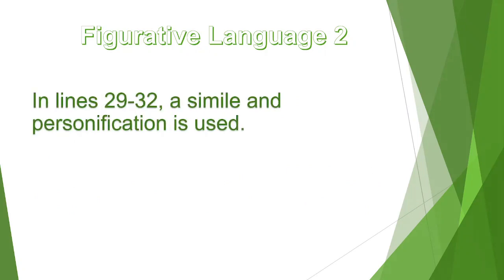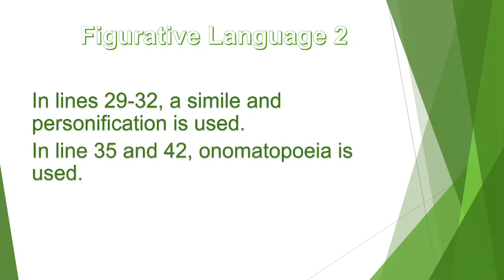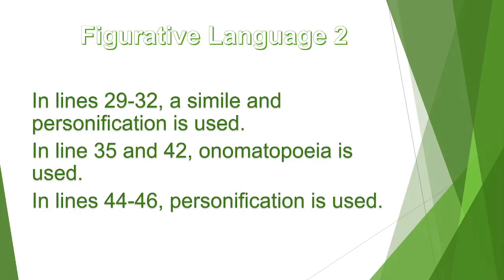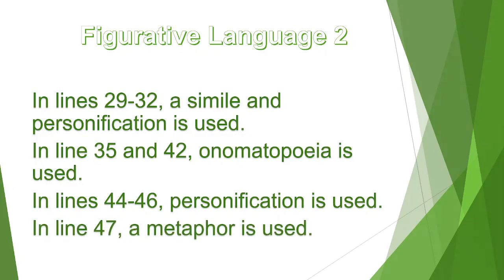In lines 29 to 32, a simile and a personification is used. In lines 35 and 42, onomatopoeia is used. In lines 44 to 46, personification is used. And finally, in line 47, a metaphor is used.